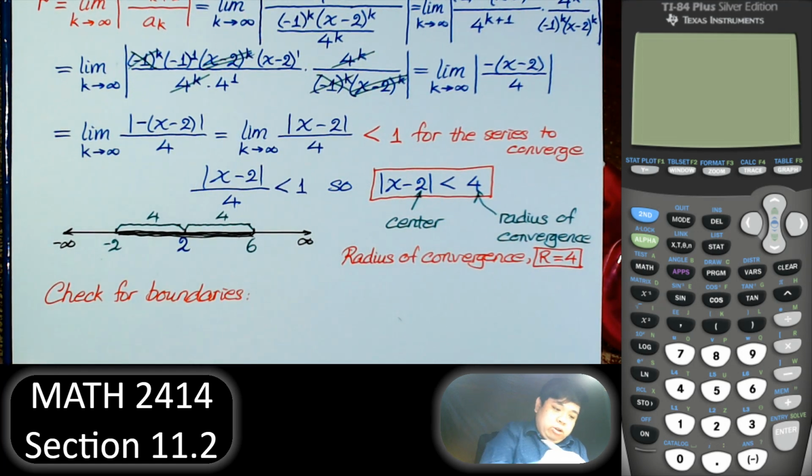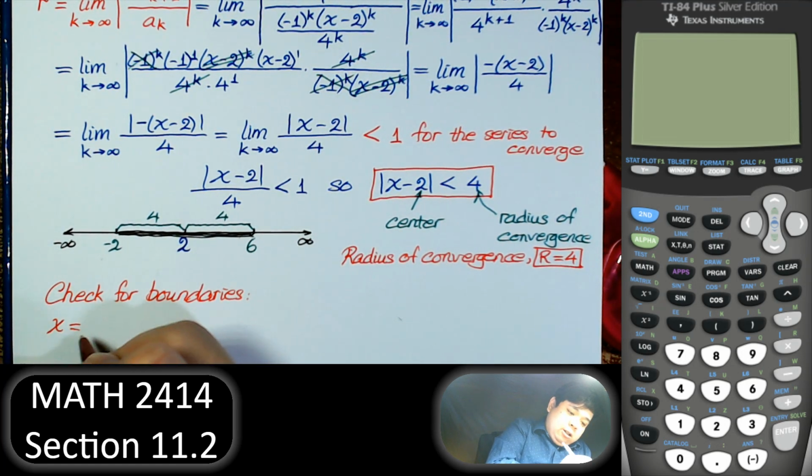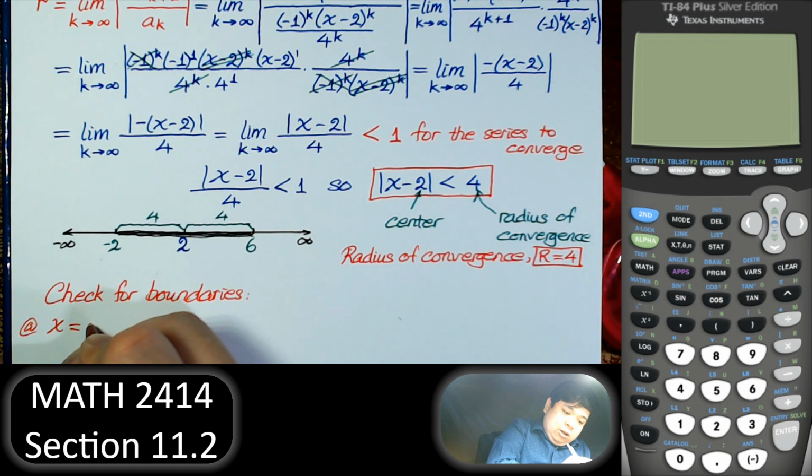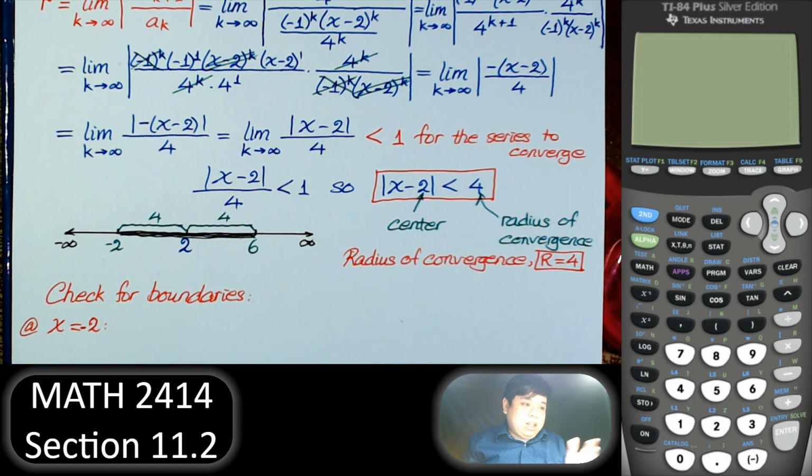We check the boundary first. For x equal to negative 2, put negative 2 back into the series.